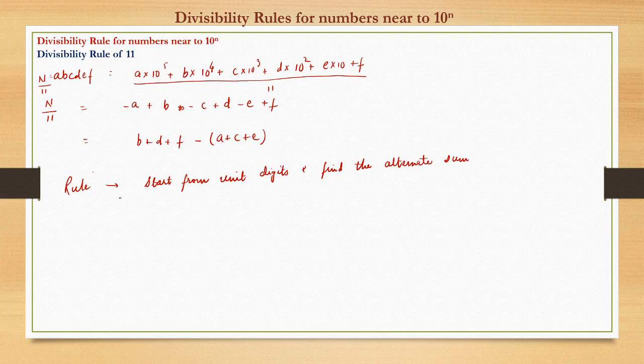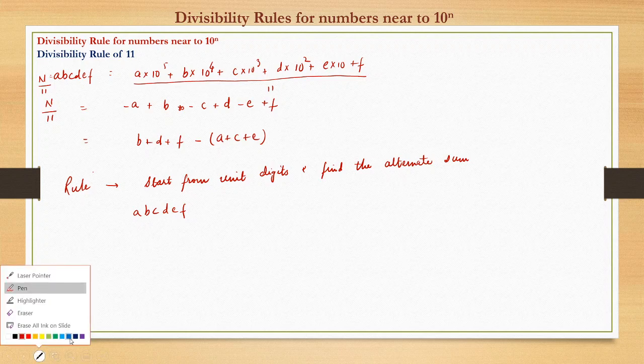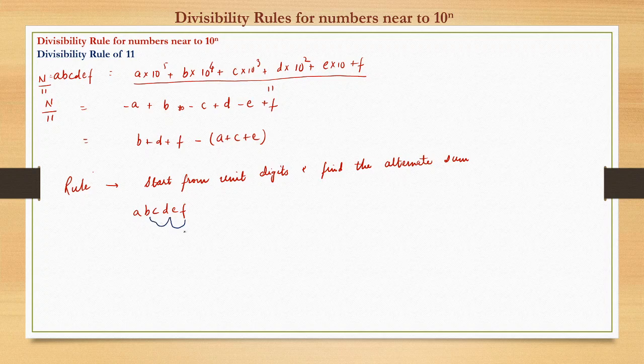Here a b c d e f, so I start from f: f plus d plus b, minus whatever is left, that is a plus c plus e. Those I subtract. If this term is divisible by 11, then the number would be divisible by 11. That is what is obtained here.